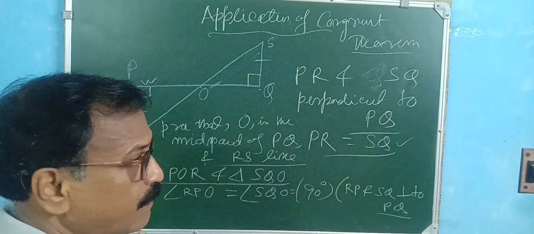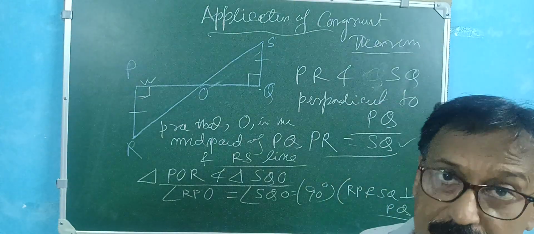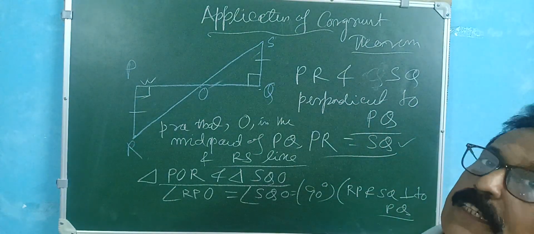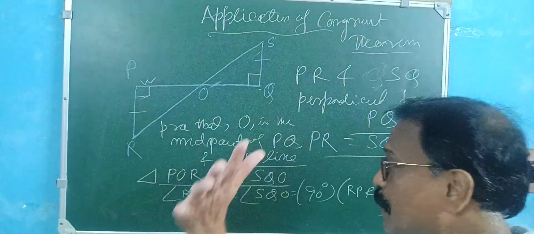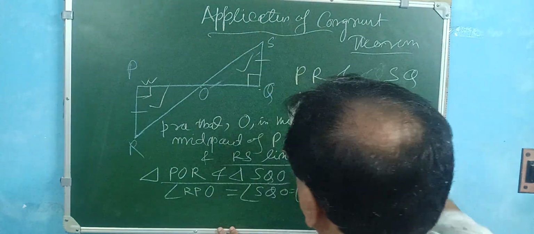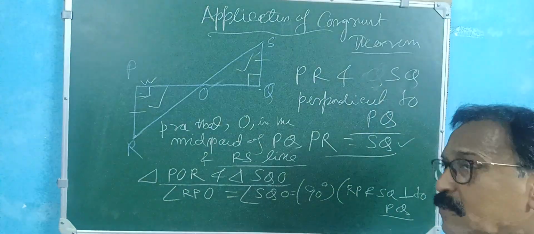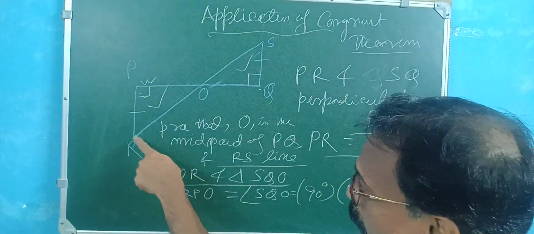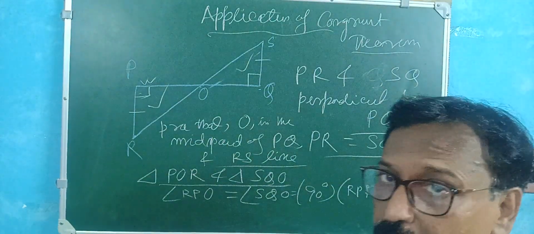That is the reason behind it. In each and every case of a congruency proof, the reason is very important. So you must give the reason. Now these are two triangles. We will show one separately. Suppose this triangle and this triangle. This angle and this angle are equal, 90 degree, because RP and SQ are perpendicular to PQ, that is given. Okay.